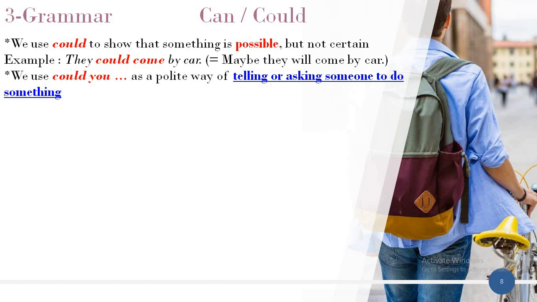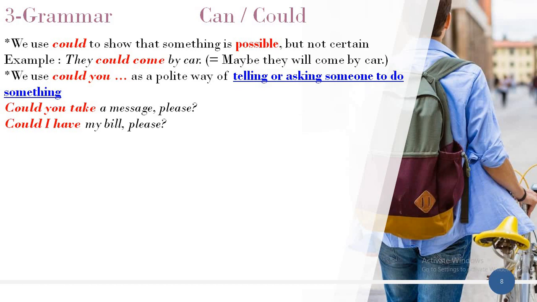Second use, we use could as a polite way of telling or asking someone to do something for you. Example, could you take a message, please? Could I have my bill, please? Okay, this is a polite way of asking or telling someone to do something for you. This is the second use.